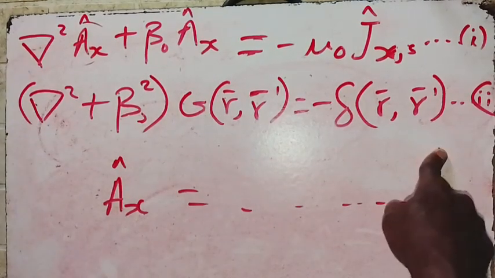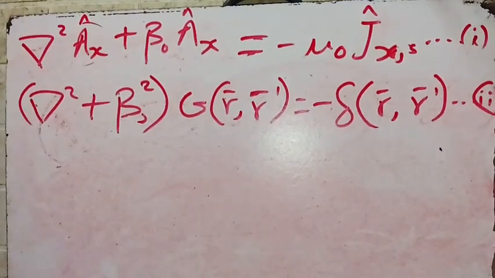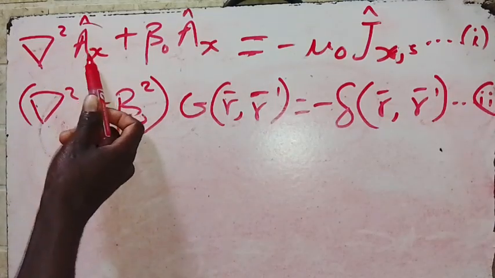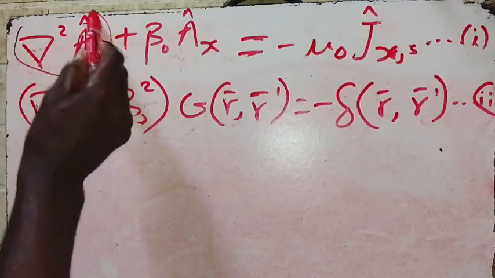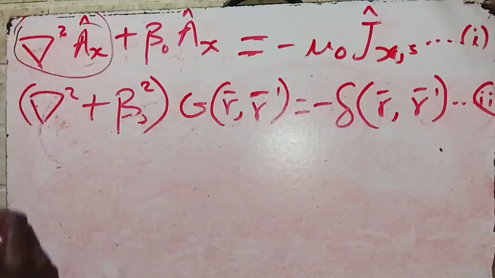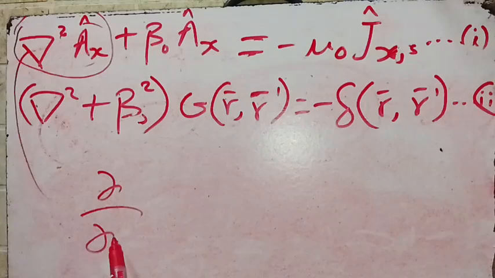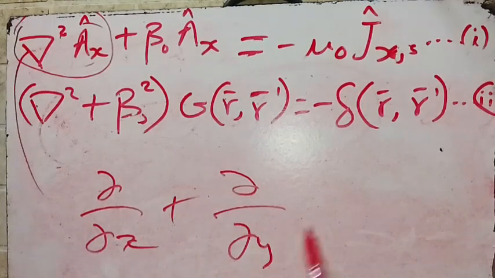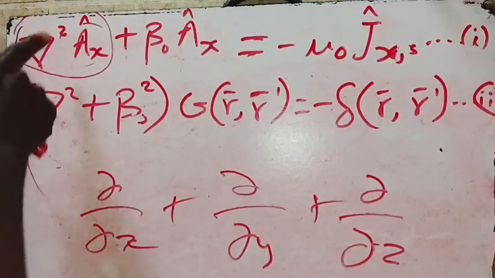That's why we brought in Green's equation. Okay, now note that this value is together with what? A second order differential equation. Remember, nabla means partial, partial x plus partial y and partial z, which is of course squared.